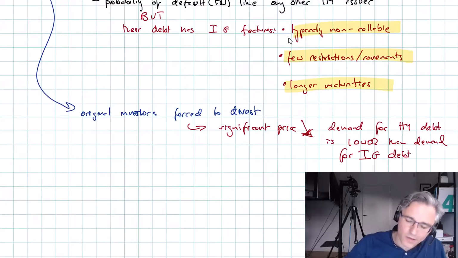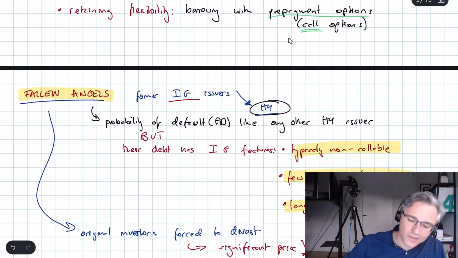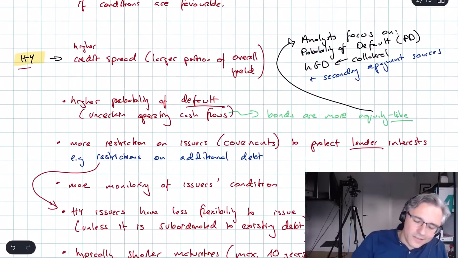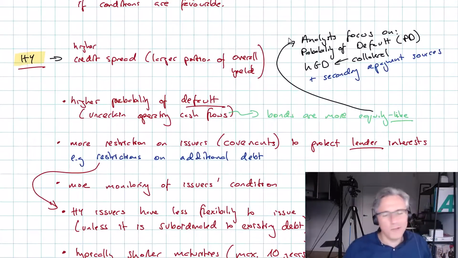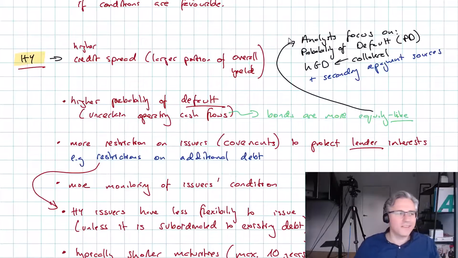So the amount of money that is put into high yield investments is definitely smaller than what goes into investment grade issues, especially when you take into account government or sovereign debt, which also is typically investment grade. And because of that lower demand, there are going to be lower prices as well.